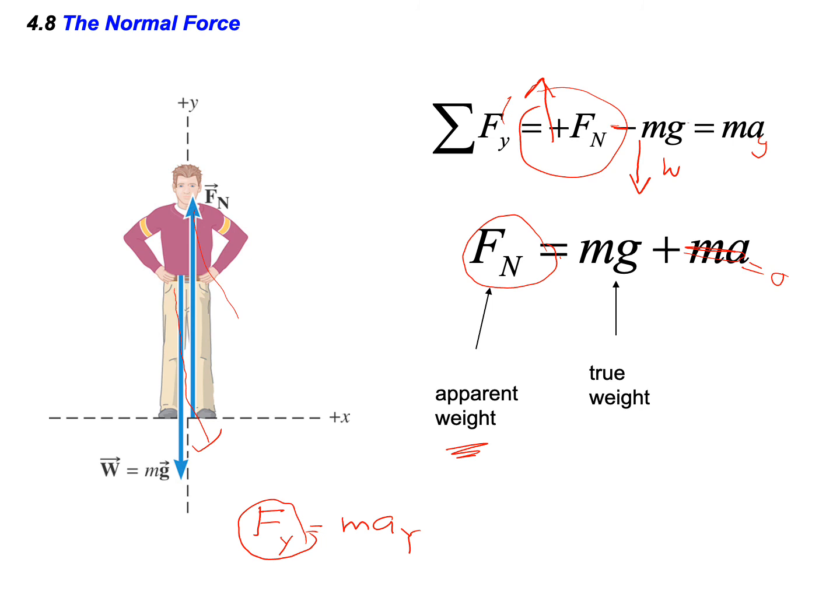But if the elevator is moving, depending on the direction, you have a plus sign or minus sign. If the elevator is going down, you get a minus sign. If the elevator is going up, you get a plus sign, which means your normal force, the apparent weight, is higher when you are on an elevator moving upward.